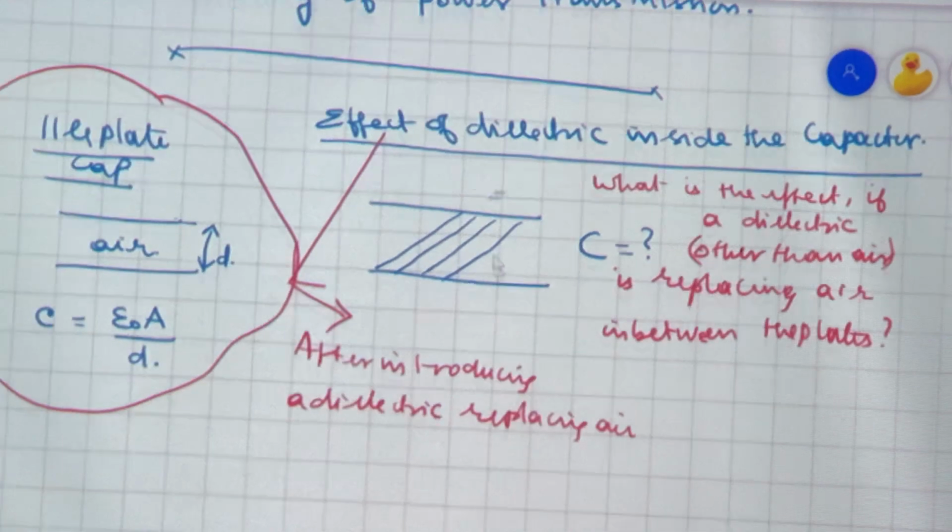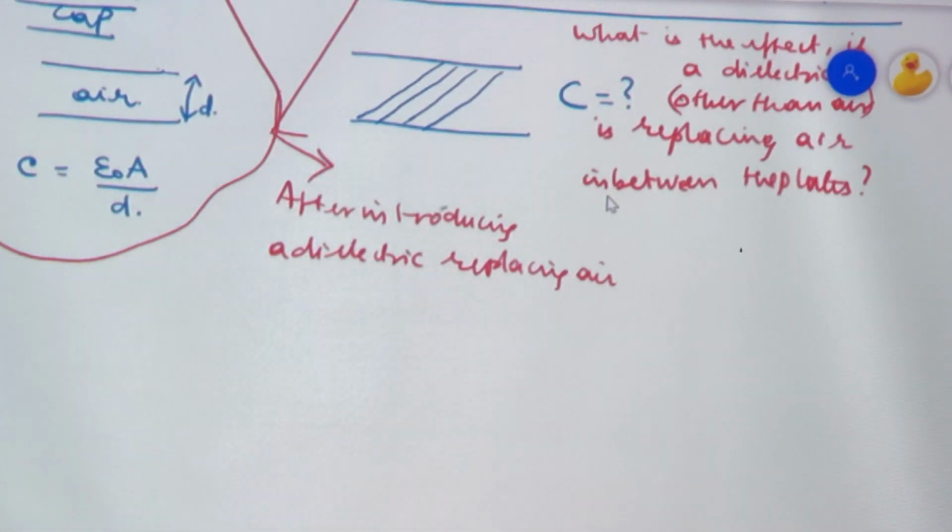One can say that the capacitance of the capacitor increases. Replacing here, then the capacitance increases. This is a general concept.